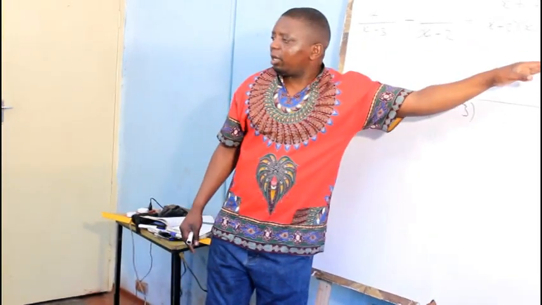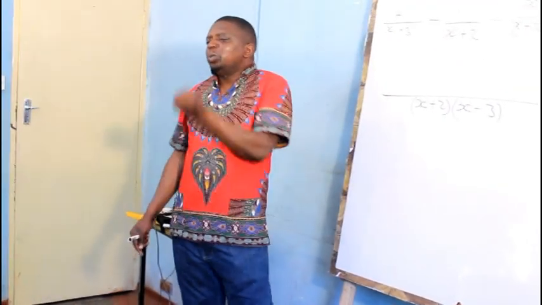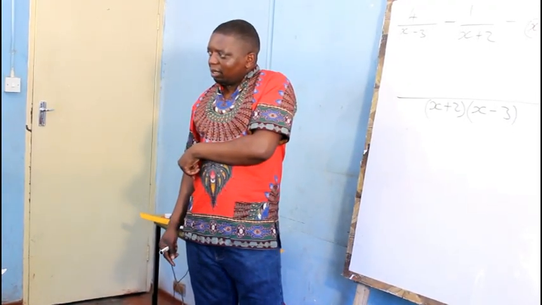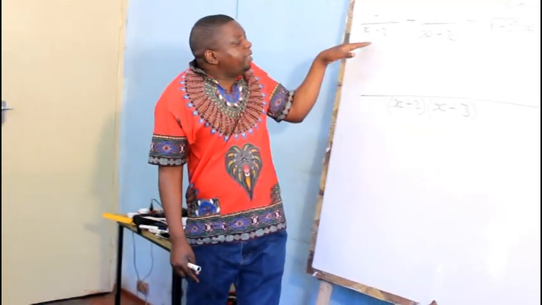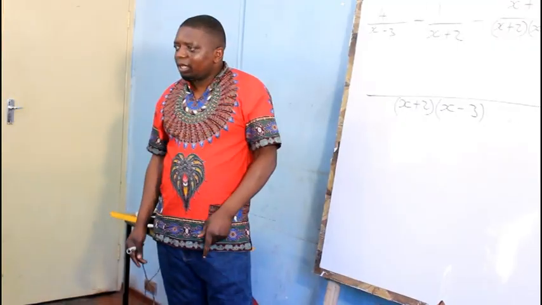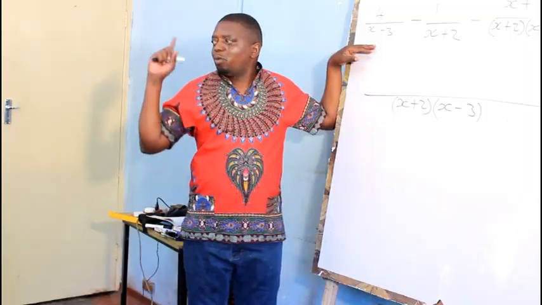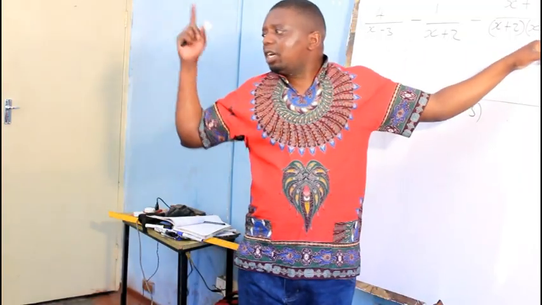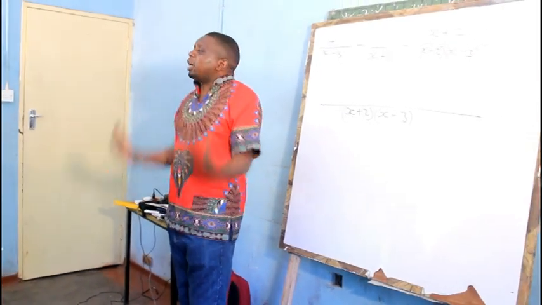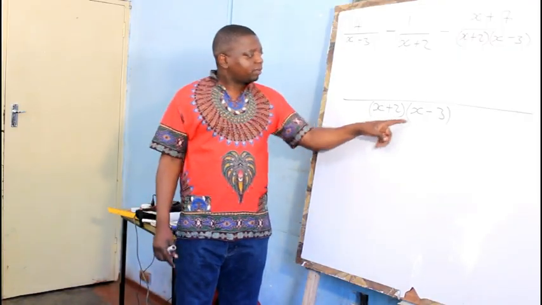You take every factor, but you take each from where it appears most. Where does x minus 3 appear most? It appears once, so we take it once: x minus 3.